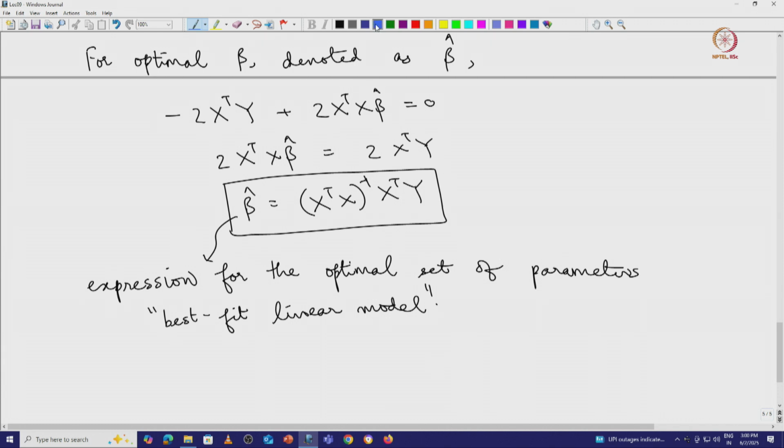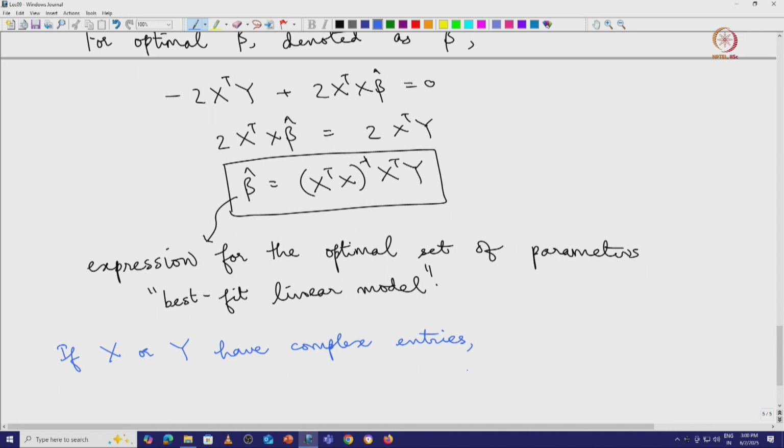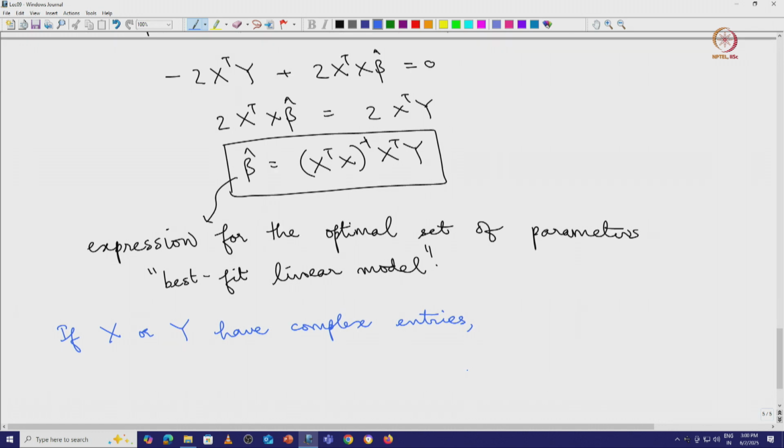you may want to predict complex entries. So all you have to remember is if x or y have complex entries, then you actually have to invoke the complex conjugate transpose, not just the transpose.